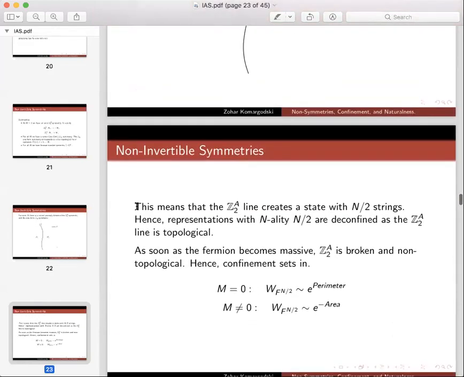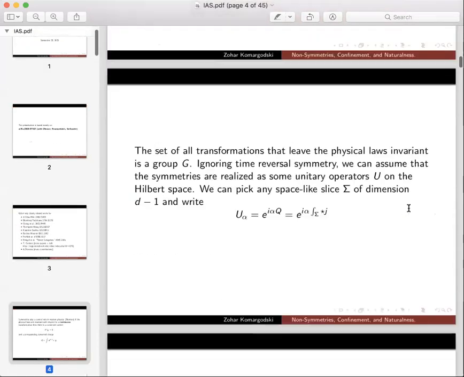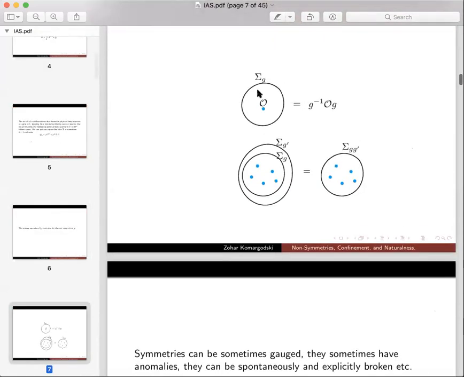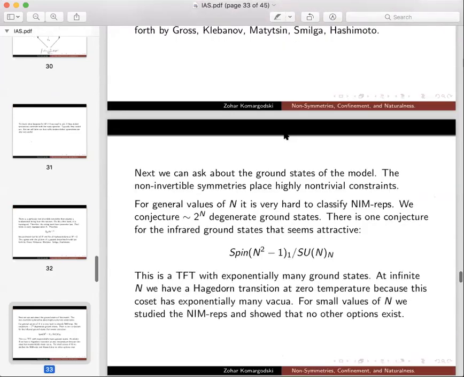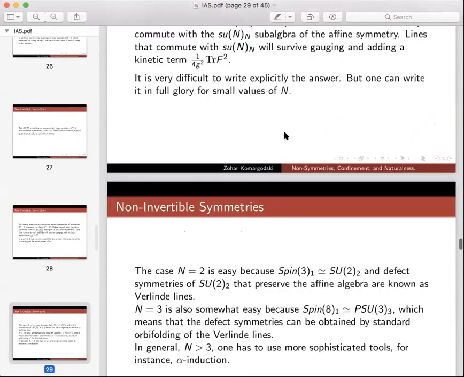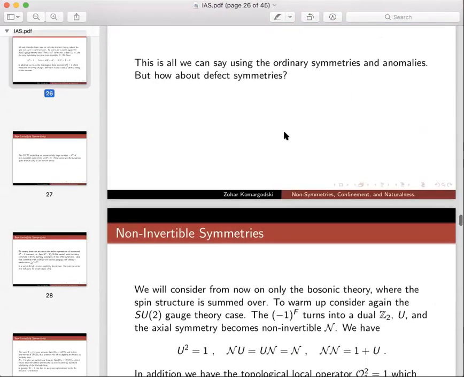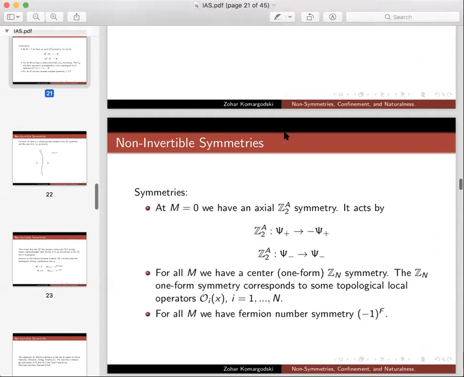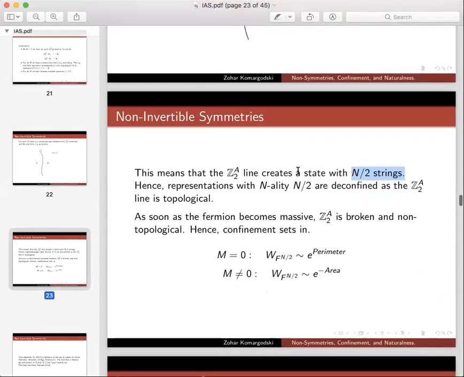So basically what this whole thing means is that the axial symmetry line creates n/2 strings. So you act with this unitary on the Hilbert space, this unitary that we talked about at the very beginning, just some Z2 unitary, you create, knowingly or unknowingly, because of the anomaly, n/2 strings, okay?